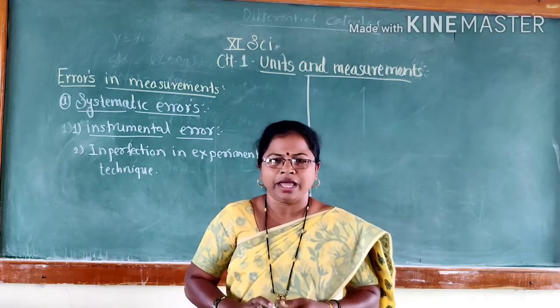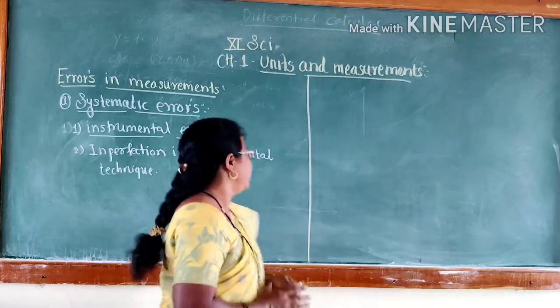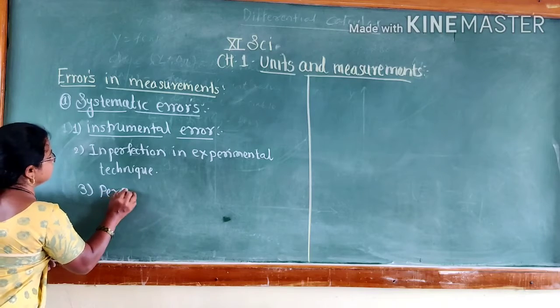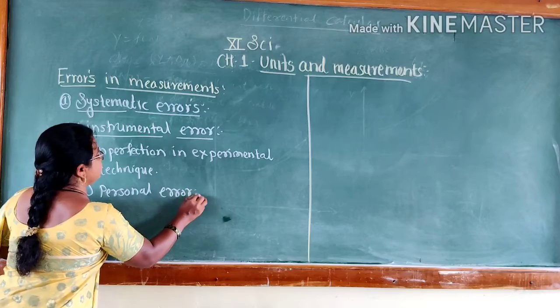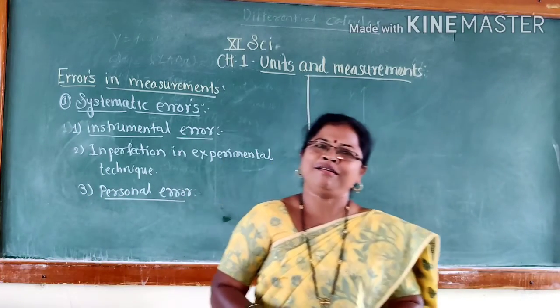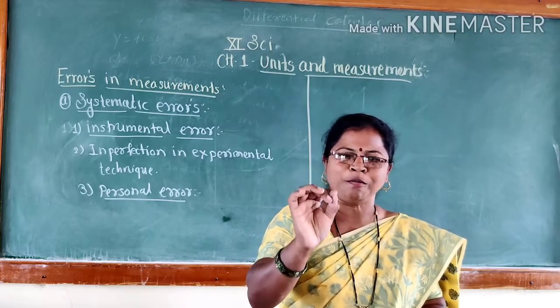Then the third one is errors due to personal error. Personal errors: how do they happen? Those are due to the person, and this error changes from person to person.